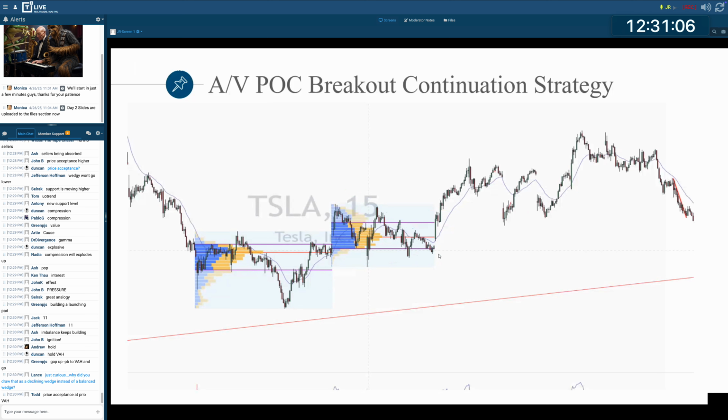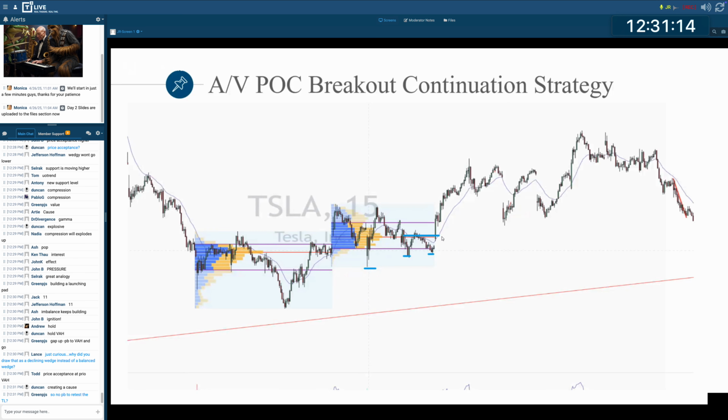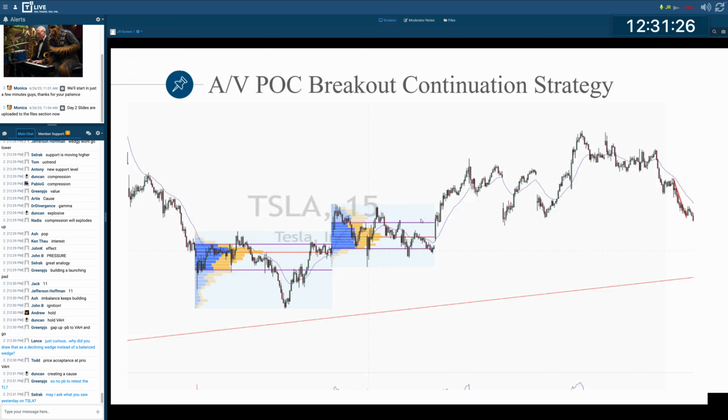The only thing I care about is that we're making higher lows, and that we're destroying point of control with a Marubozu right at the open here, and then we're holding above value area high. That's the only thing that matters to me. Whether I call it a wedge or a symmetrical triangle is of, in this case, no importance.